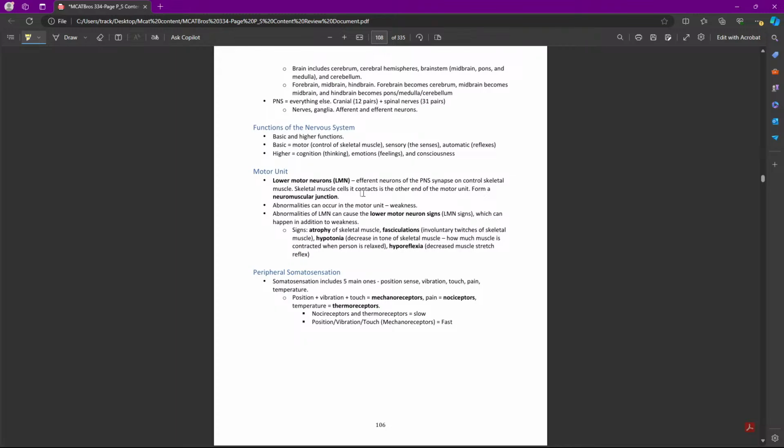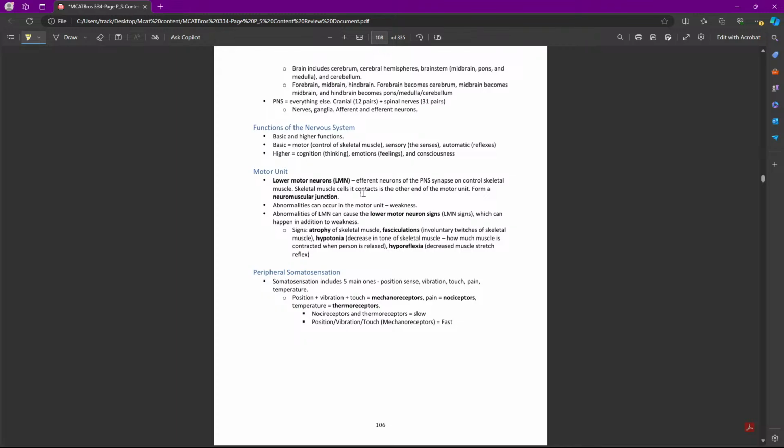So, motor units. The lower motor neurons, or efferent neurons from the peripheral nerve, synapse to control the skeletal muscle. So, the skeletal muscle contacts the end of one motor unit. It forms that neuromuscular junction.